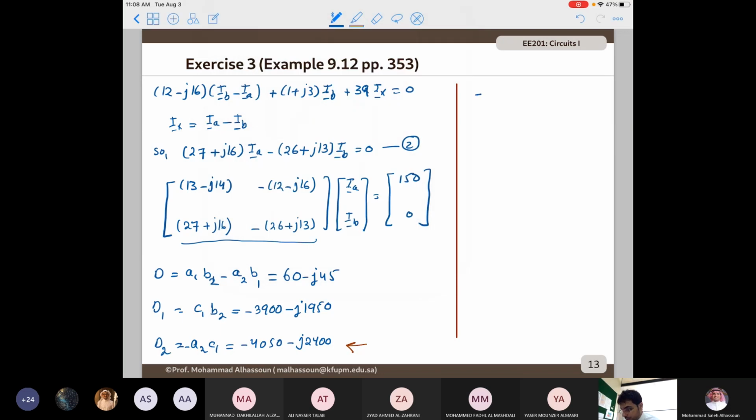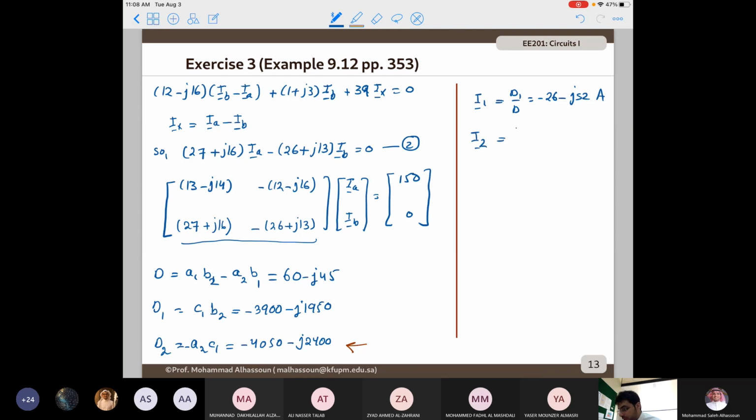Okay, so I1 is going to be D1 divided by D, and this is going to give you negative 26, negative 52 amperes.